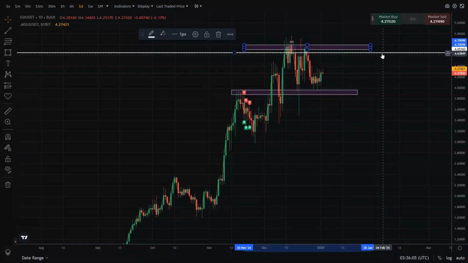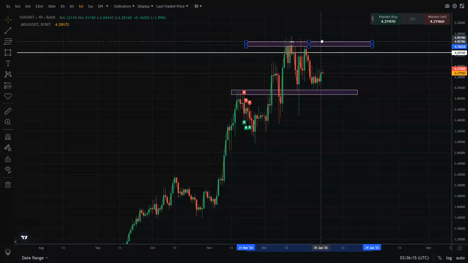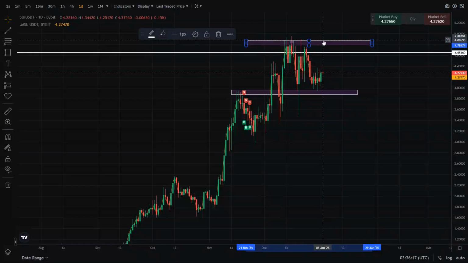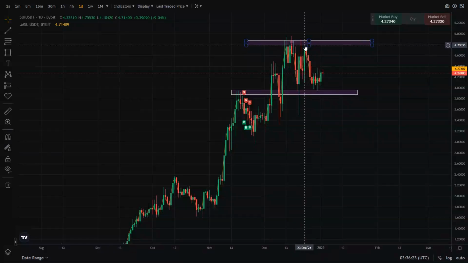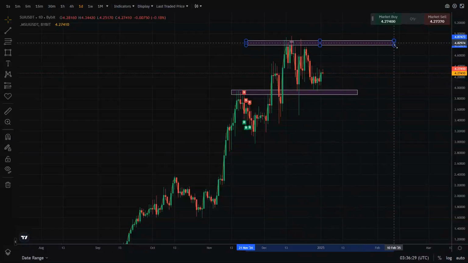Right now it's approaching the same level, and take a look at this, it approaches the same level multiple times and breaks below. I'll push it up a little bit, and I'll delete this because there wasn't any real close above this level, but let's leave it there.